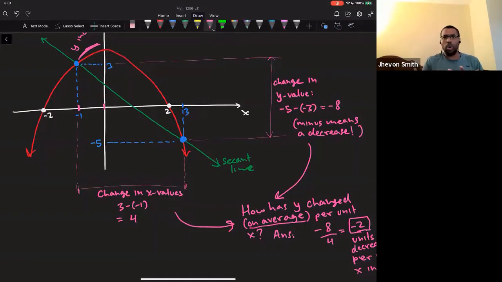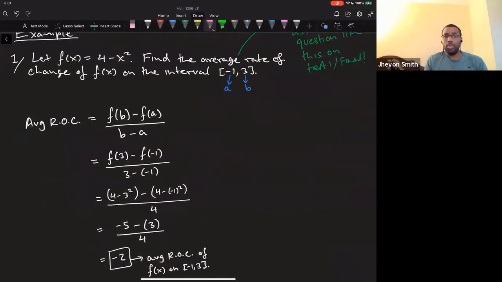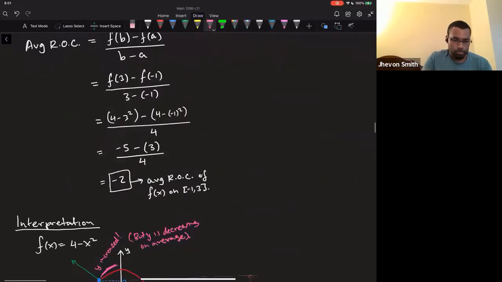So that tells you how the y value is changing on average. So that is what this is about, the average rate of change. You can actually measure how the y value is changing on average with respect to x.